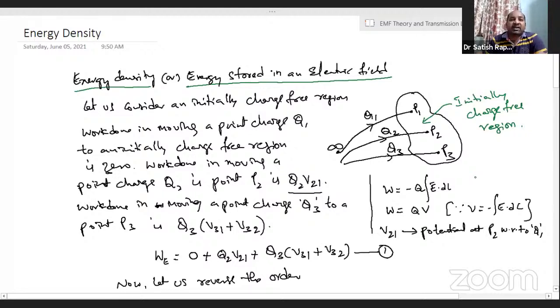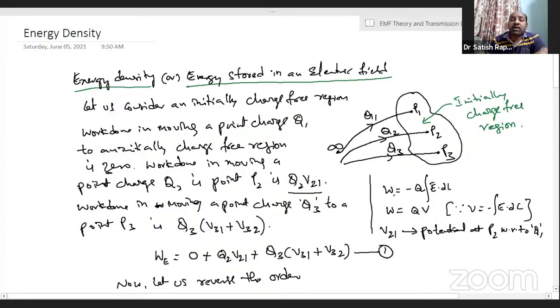No electric field. Electric field is zero, right? So when electric field is zero, moving a point charge, no work done, no energy is required to move a point charge. So moving a point charge Q1 to an initially charge free region is zero.